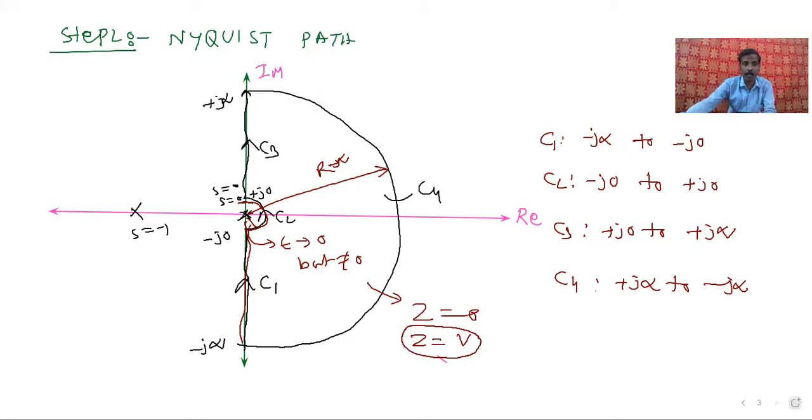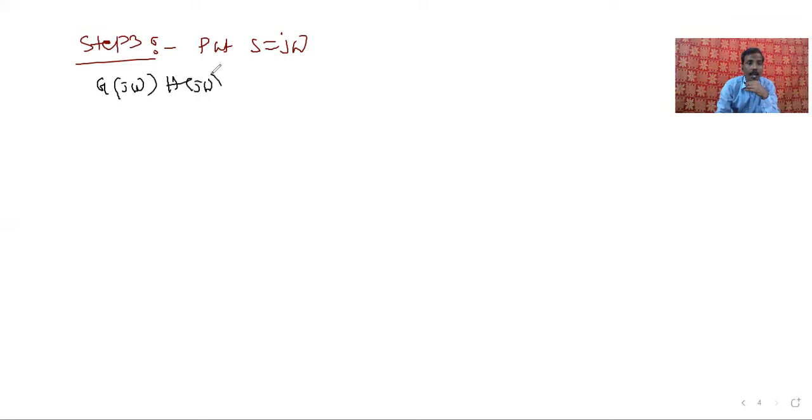Then step number 3: put s equals j omega. Then G(j omega)H(j omega) equals 1 by (j omega) square into (1 plus j omega).